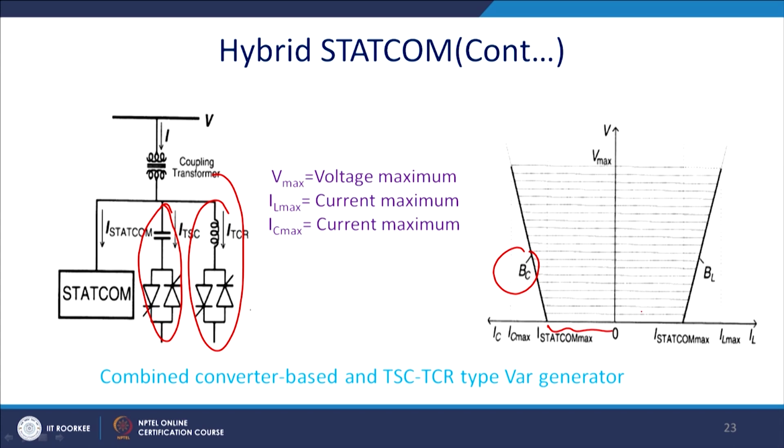This is due to essentially I Statcom max, thereafter IC max, and this can go in this direction without any contributions of this IL max or IC max. Thus, both will add up and will give you the total IC max. So, this is the principle of the operation of the hybrid Statcom.